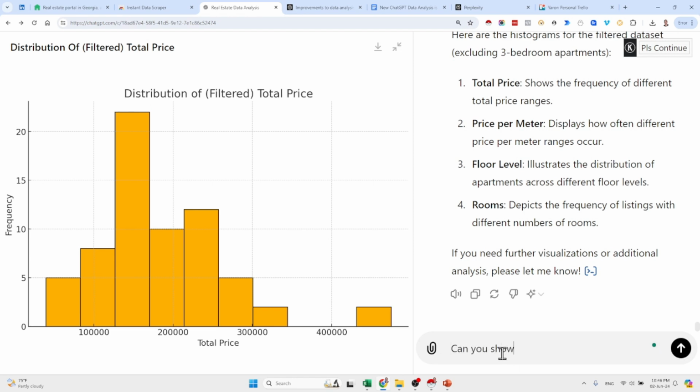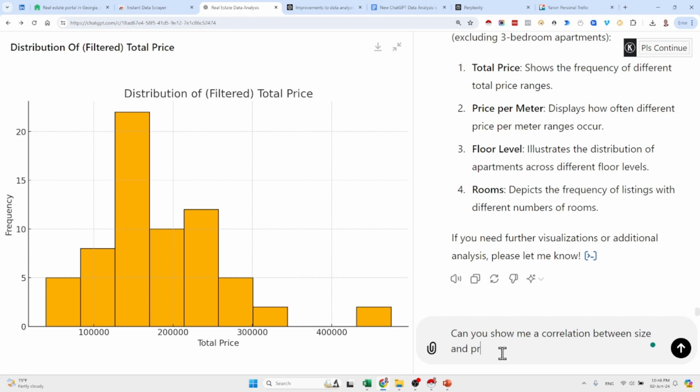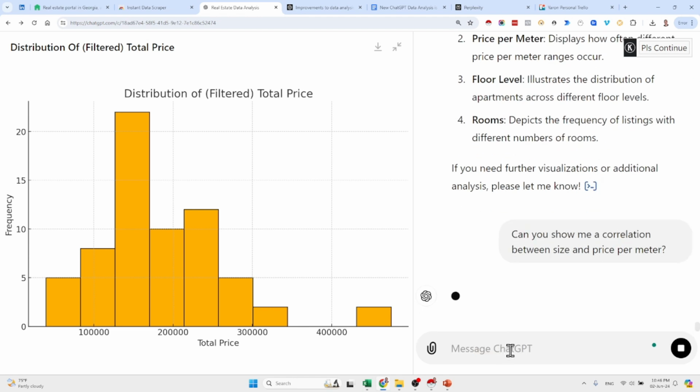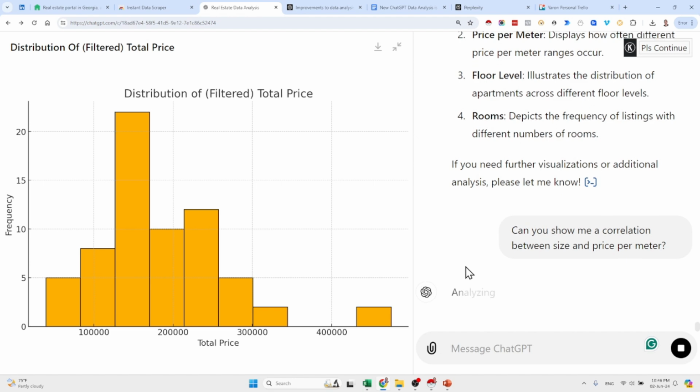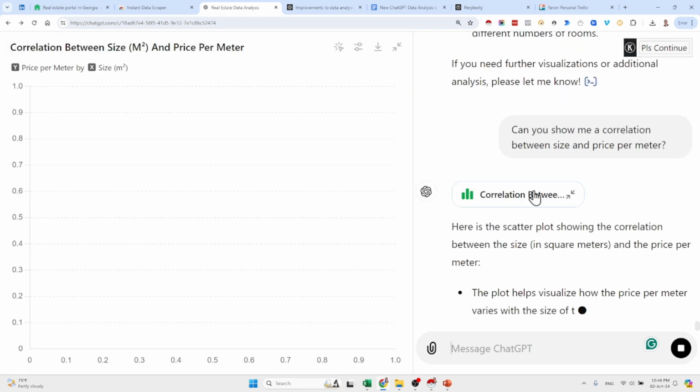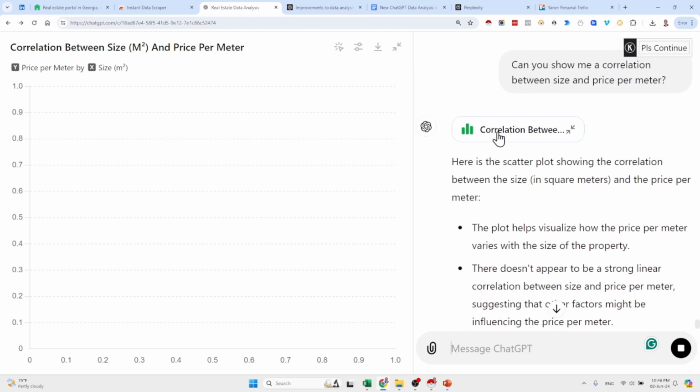Can you show me a correlation between size and price per meter? And it's going to analyze if there is a correlation between size and price per meter. As you can see here, you can just click on this correlation.